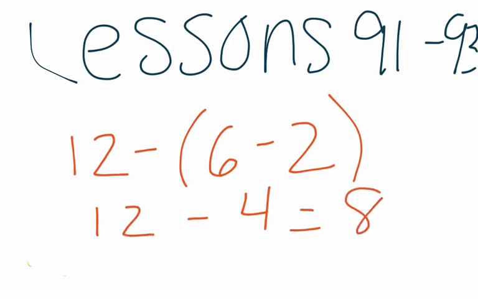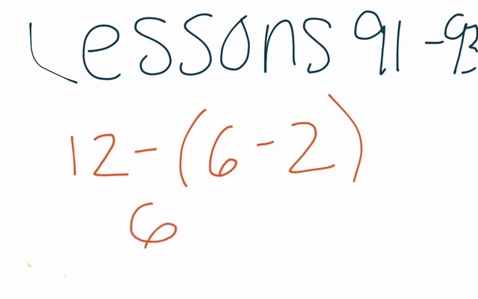Now let's pretend I didn't do the parentheses correctly. I'm going to erase this answer and do 12 minus 6, which is 6. 6 minus 2 equals 4.